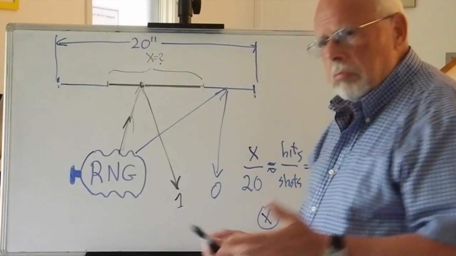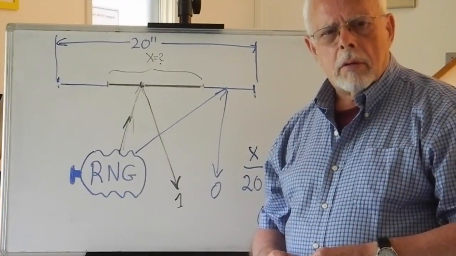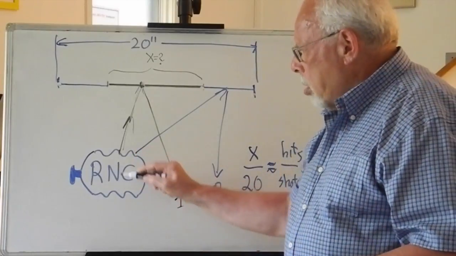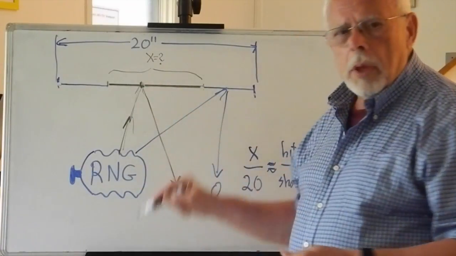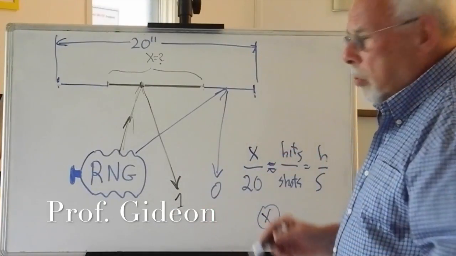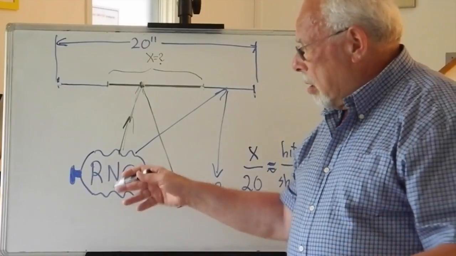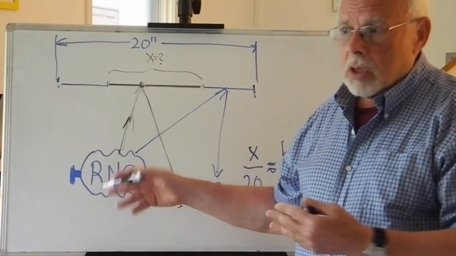Well, you could say it's a nice academic thought experiment. Magic box shoots random number, you count hits, shots, you do this. Yeah, it would work as long as there is such a magic box, which we know it doesn't.